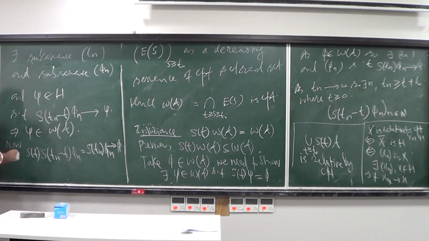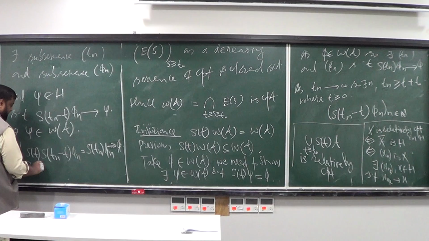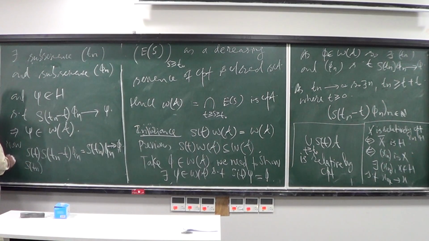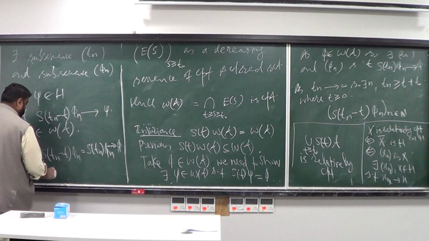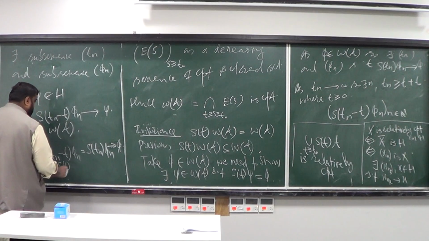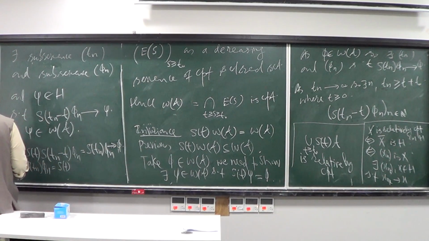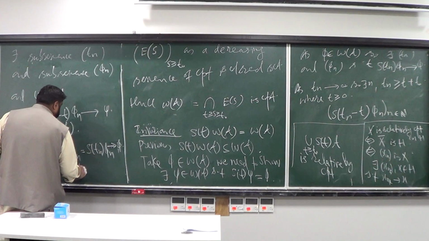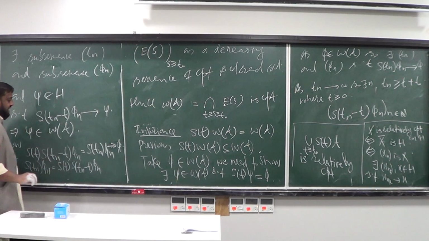The next thing is, if you consider S of Tn phi n, as we said above, I can write this as S of t operated onto S of Tn minus t operated onto phi n.